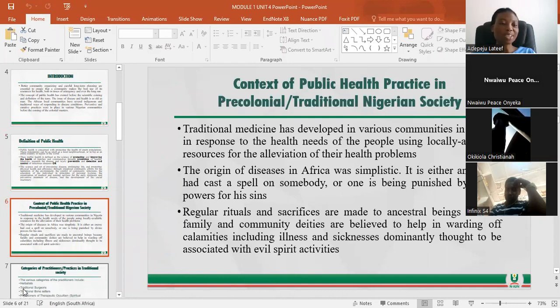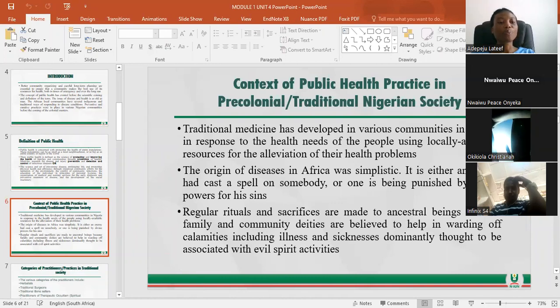Who would like to share with us how he or she would explain traditional medicine's response to health or to disease in the context of Nigeria as a nation? Anyone to share his or her thoughts? Anyone?